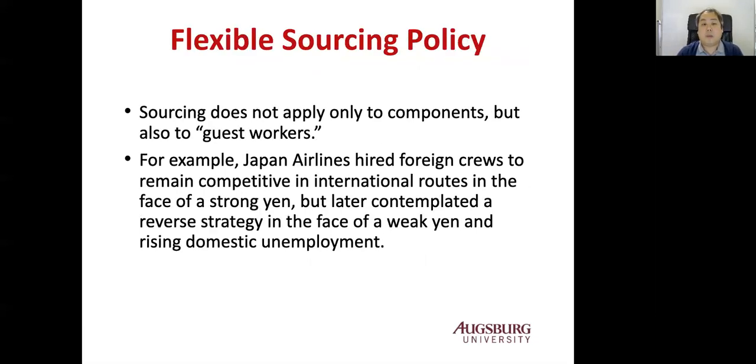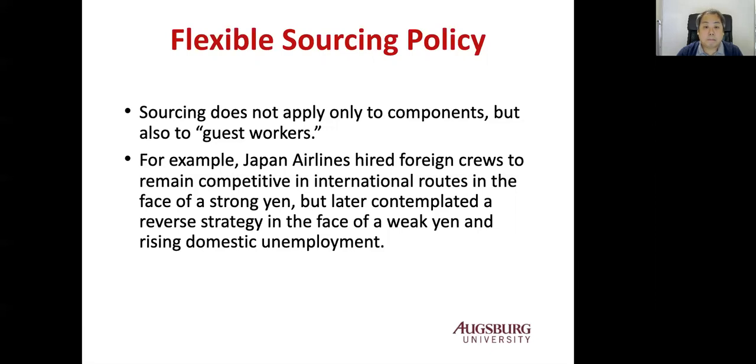Flexible sourcing policy. So sourcing doesn't apply only to components, but also to guest workers. For example, Japan Airlines hired foreign crews to remain competitive in international routes in face of strong yen. So instead of hiring Japanese people who got paid higher, because they get paid in yen, right, they hire people in the US, they hire people in Korea, they hire people in Indonesia, and they actually pay less money.